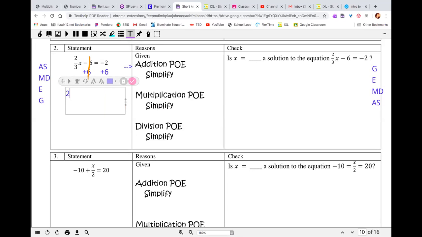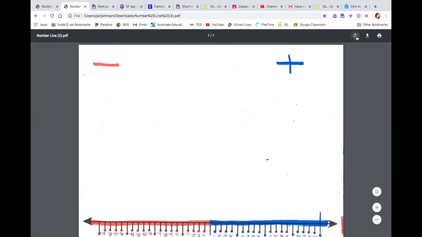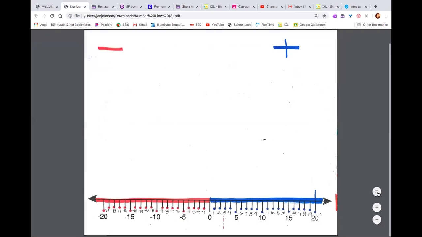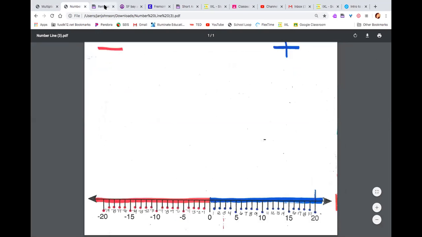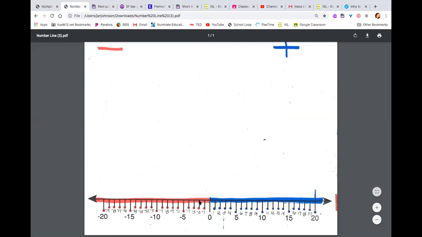Okay, so I have 2 equals, and then what is negative 2 plus 6? 4. Yes. Okay. So my start is here, -2, and I add 6, and I land on +4.